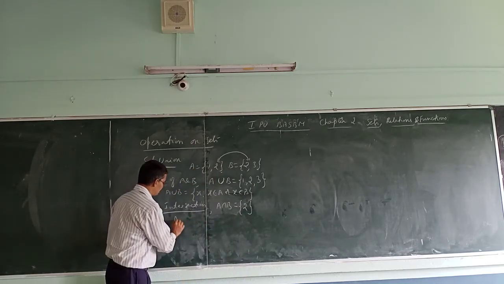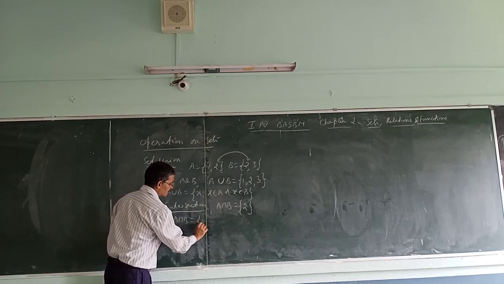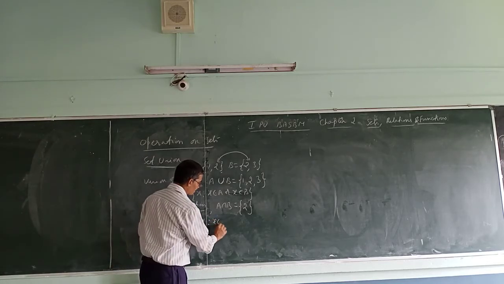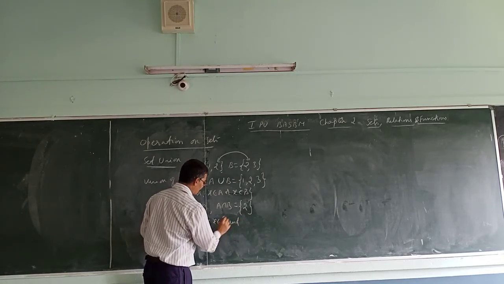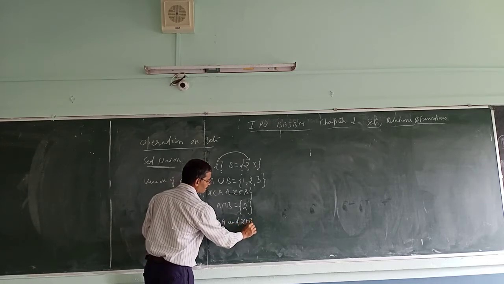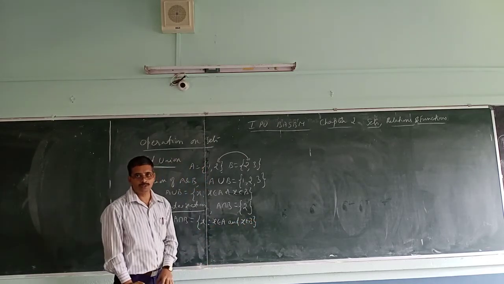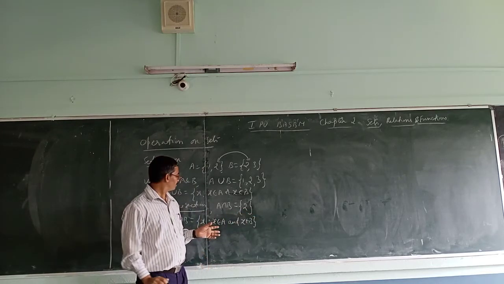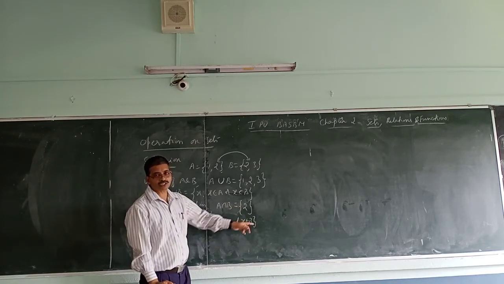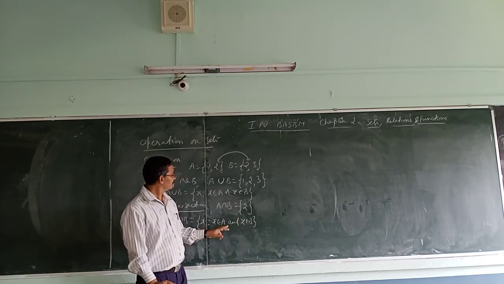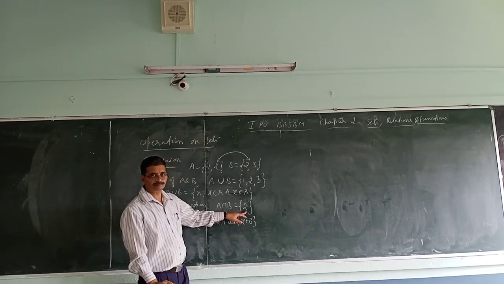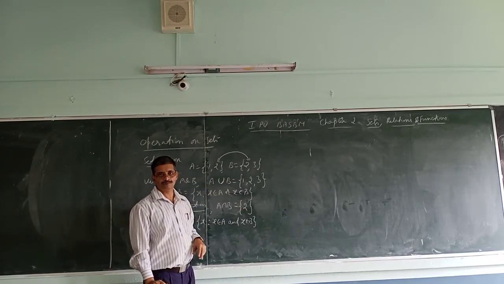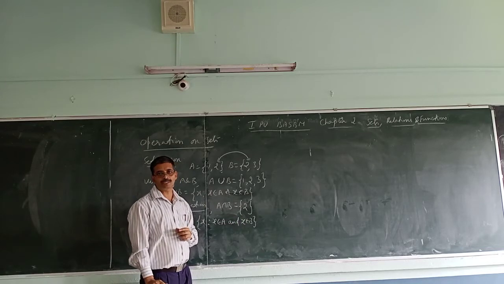A intersection B equals the set of all X such that X belongs to A as well as X belongs to B. That means it should belong to both A and B. Both conditions will be there, because if you take the element 2 in this example, 2 belongs to A, 2 belongs to B.